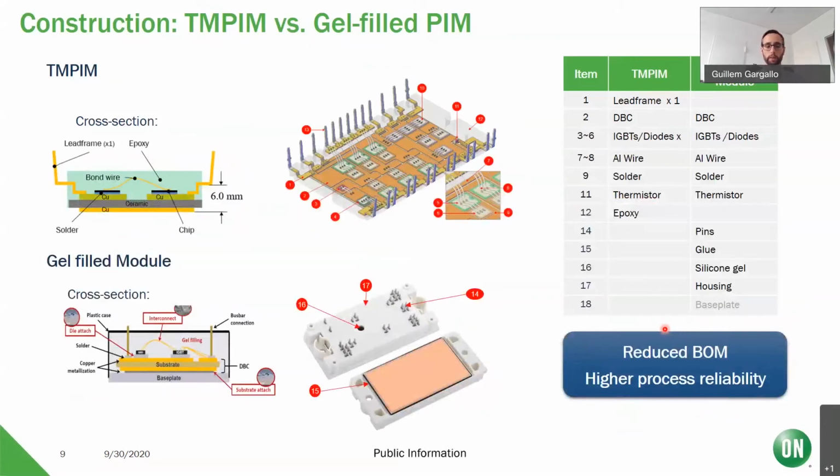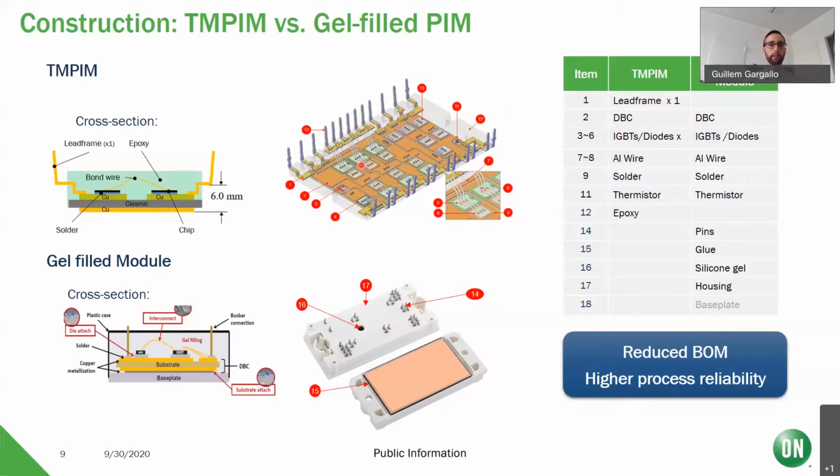So how does the transfer molded PIM differ from the gel fill? Besides the process I've mentioned before, let's take a look at the different components that are included in each of these packages. On the top, you have once again the cross section of the transfer molded PIM, and here we can take a look inside the module. Regarding the components, we have here the lead frame. This is something that is obviously different from a traditional gel fill module. We have the DBC.